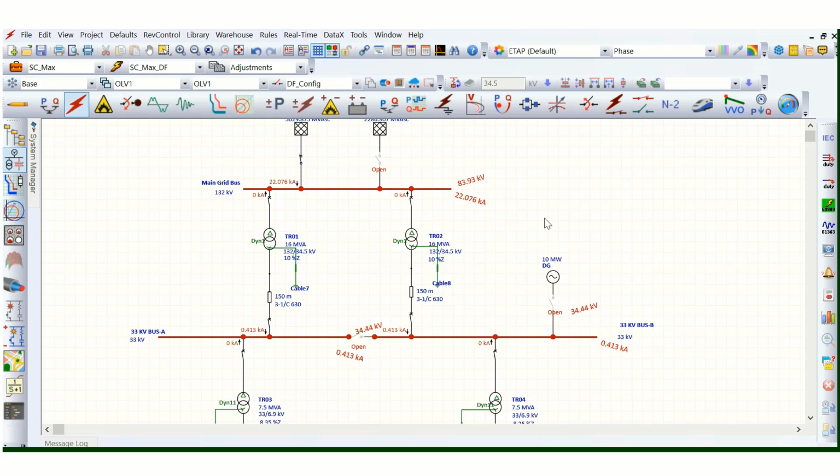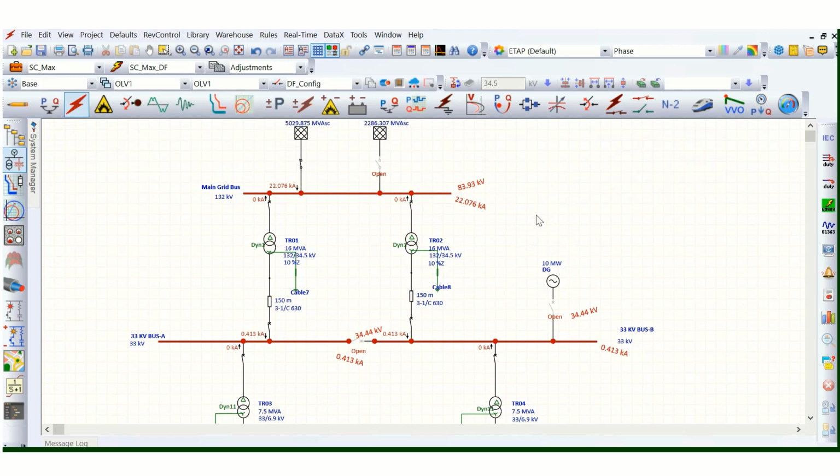In any publications and regulations also, grounding and earthing are basically the same thing. There is no technical difference between grounding and earthing. So if there is any question, just let me know, and I will come back to you for the theoretical part. Okay, thanks.